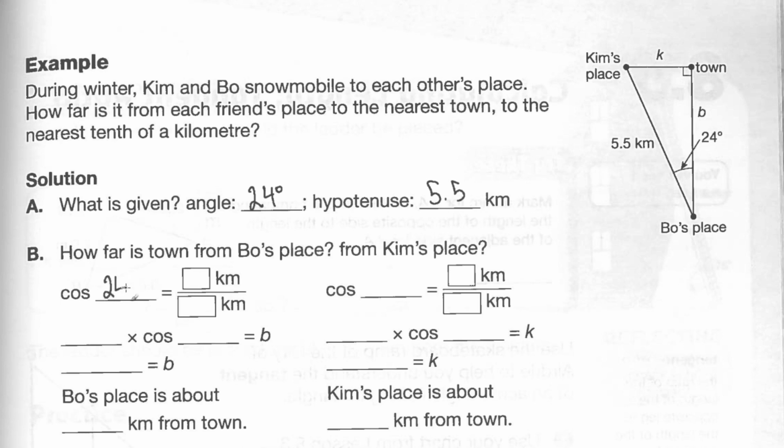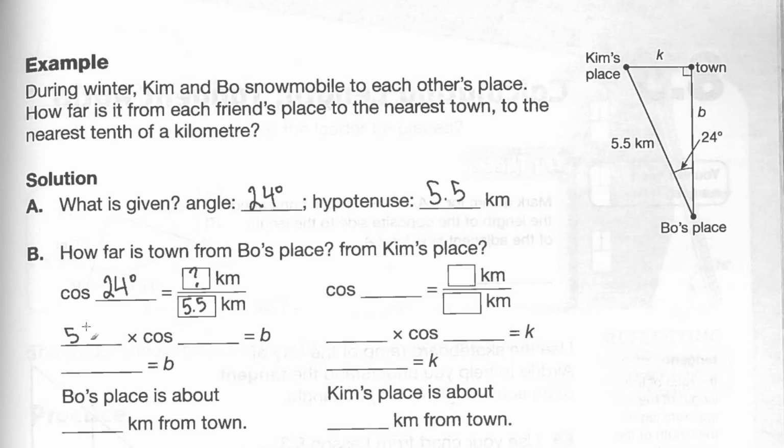The cosine of 24 degrees is equal to our adjacent side, which we don't know. So it's our unknown divided by our hypotenuse of 5.5.